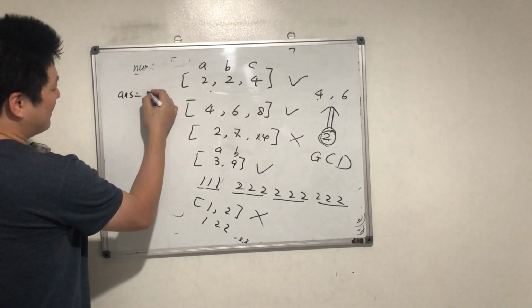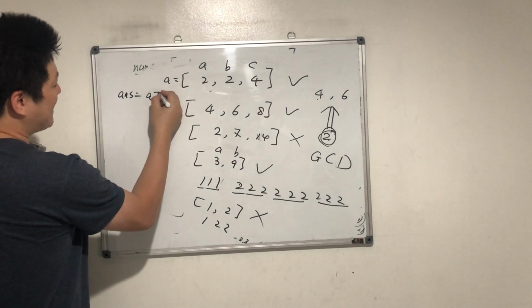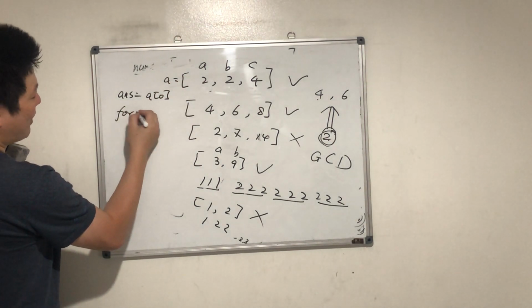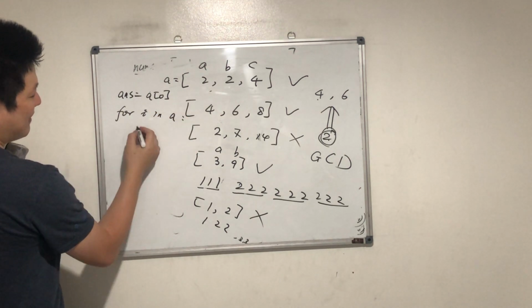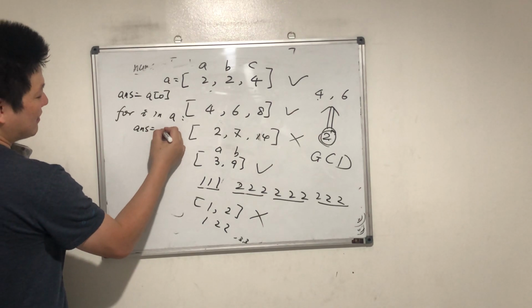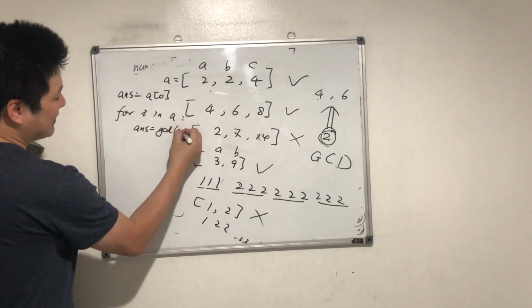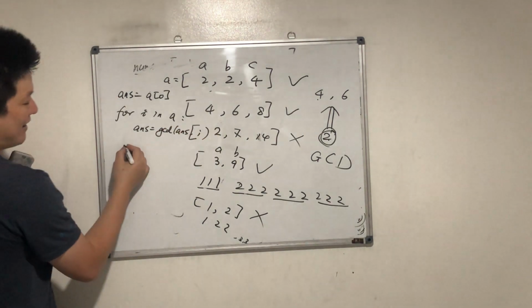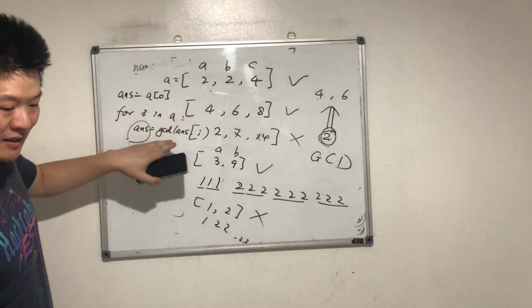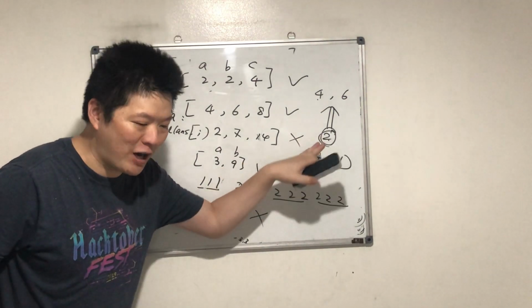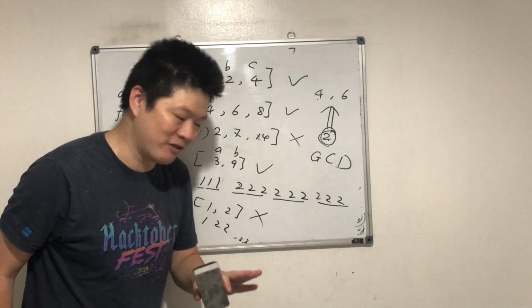Let's say this is A0, and now we can just do this: for i in A, answer equals greatest common divisor of answer and i. And then that's the greatest common divisor of all the numbers in the array, right? And it has to be bigger than 1, then it's yes, otherwise it's no, right?